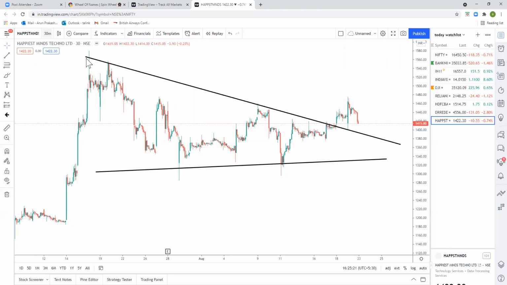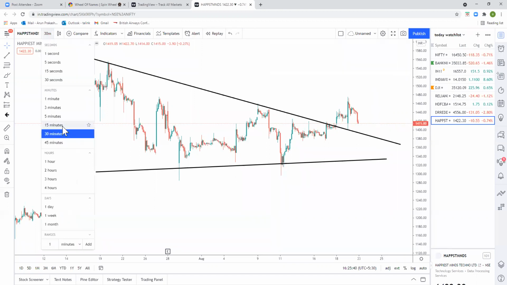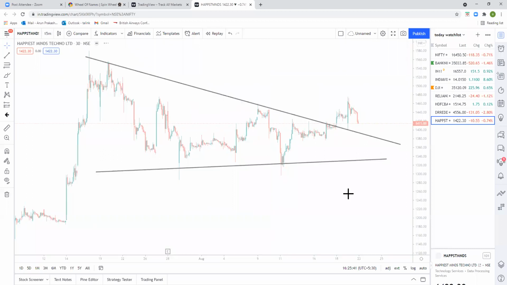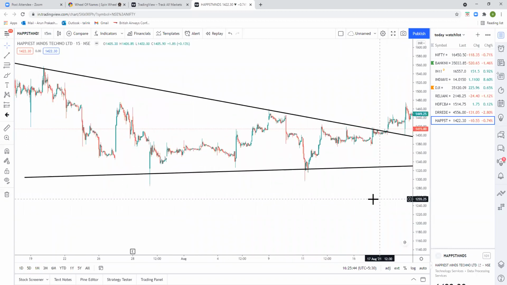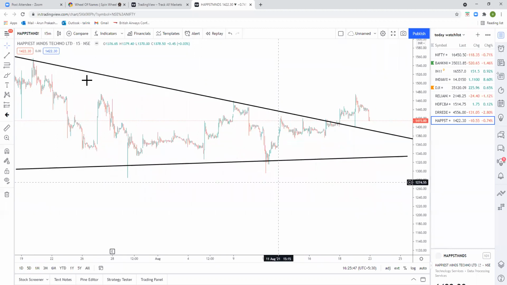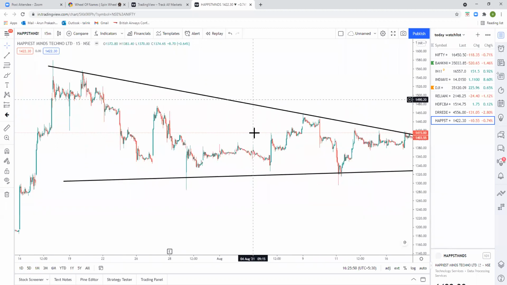Now, you have drawn this pattern in the 30-minute time frame, and none of the 30-minute candles have closed above this trend line. Now you are asking this from an intraday perspective, right? So I'm switching to the immediate lower time frame, which is 15-minute. Even none of the 15-minute candles have closed above this trend line previously.